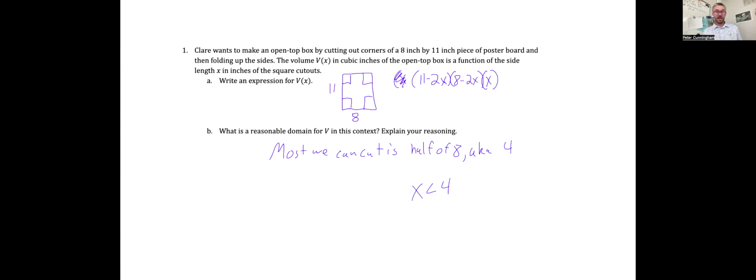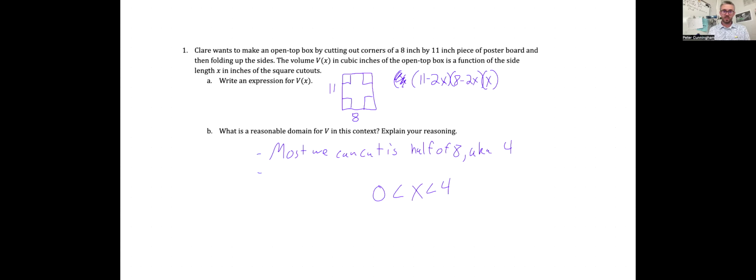And in order for us to actually have a third dimension for this box, we need to cut it at all, right? We need some sort of height, so we can't have 0. So our cut needs to be greater than 0, and it needs to be less than 4 because the two things that we have to make sure are true. The most we can cut is half of 8, half of the smallest side.